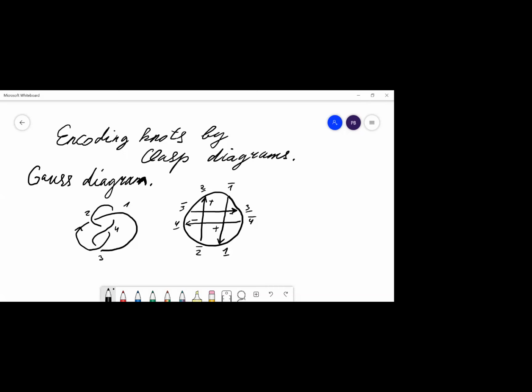And so we define Clasp diagrams through full twists. If you're hearing a lot of words that you do not know, that's okay. I'm going to define everything in a few moments. I'm just giving you an overview of what we're doing today.